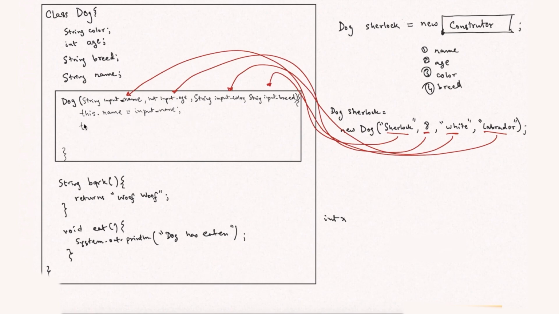And then we also say this.age equals input_age. We then say this.color, and these variables are the same as these variables, right? So we have to name them the same way. So this.name means this, this.age means this, this.color means this.